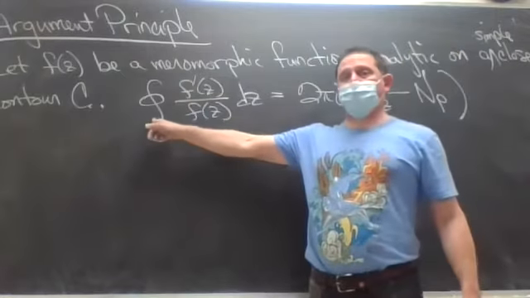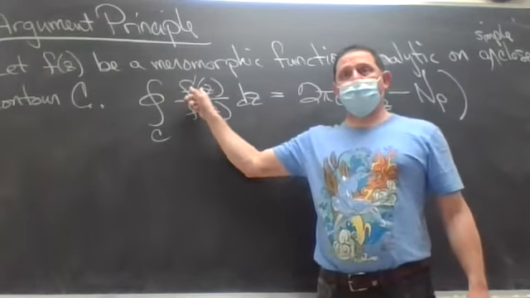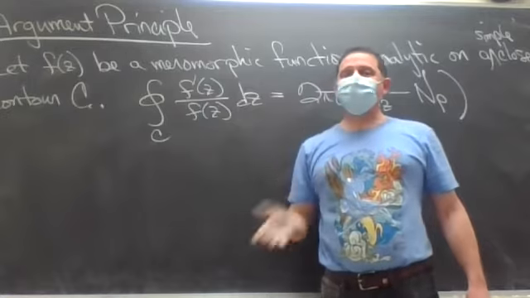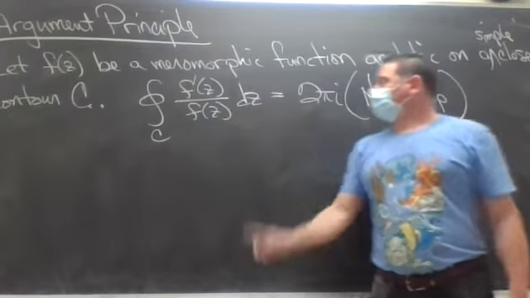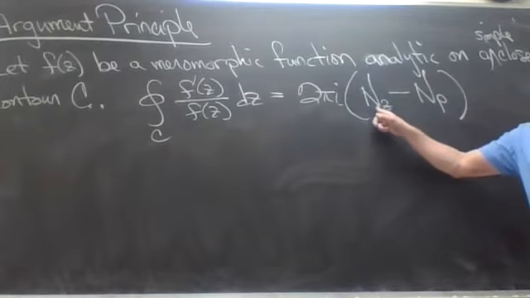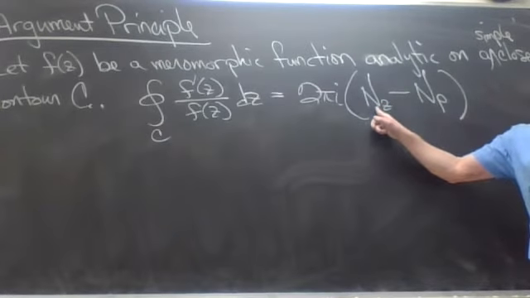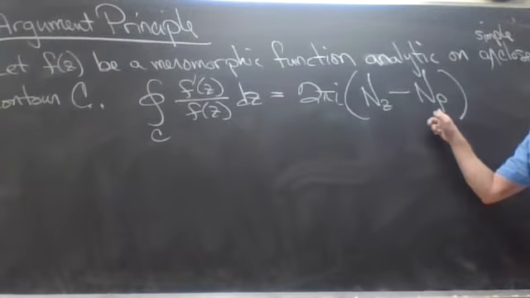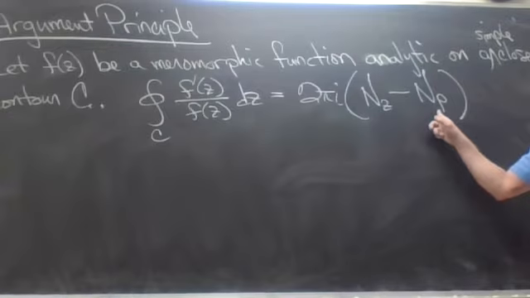But that loop integral of f prime of z divided by f of z dz gives us something very interesting. It gives us 2 pi i times the number of zeros of f of z lying inside the contour minus the number of poles of f of z lying inside the contour.